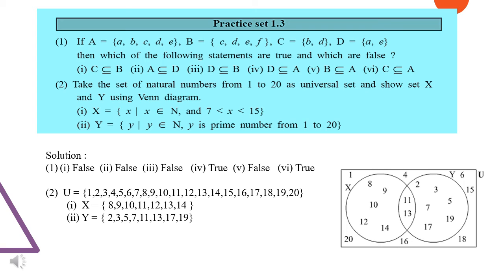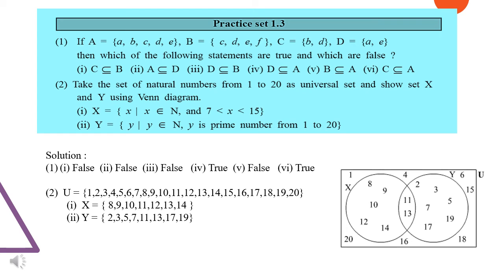D is a subset of A. Elements of D, that is A and E, are present in A? Yes. So this statement is true. Next one. B is a subset of A. Again, just check the elements of B and A. Are all the elements of B present in A?